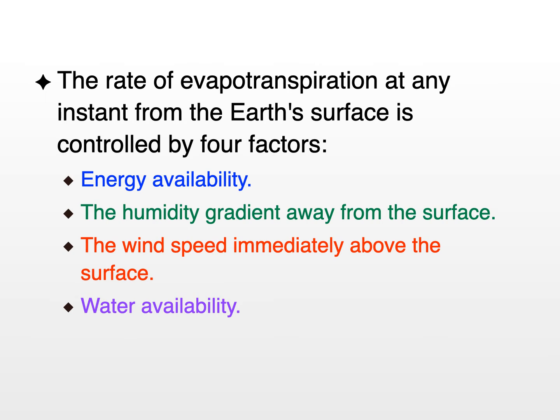Wind speed is a very important process in evapotranspiration because wind speed brings new sources of dry air to the plants that are doing the evapotranspiration or the ecosystems. And of course, water availability. If there's no water in the ground, evapotranspiration is not going to take place.